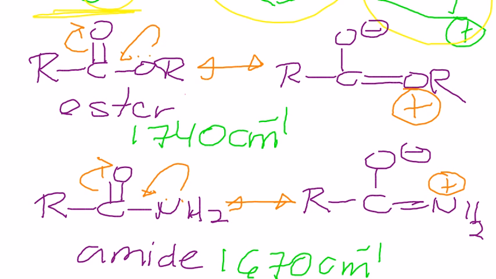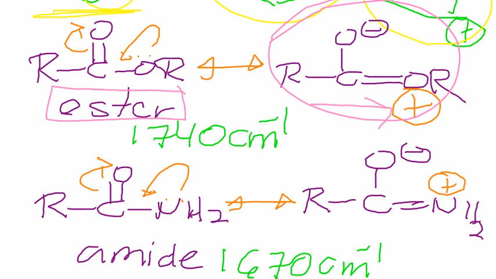What happens with the ester is the positive charge on the oxygen is such a terrible, awful thing that this resonance form becomes relatively insignificant. Therefore, the carbonyl is going to have a lot of double bond character. Even though the oxygen is so electronegative, it effectively does not remove very much electron density.